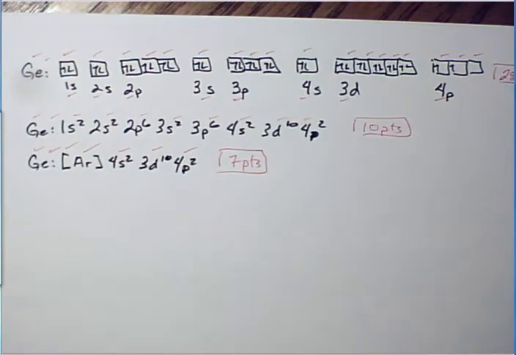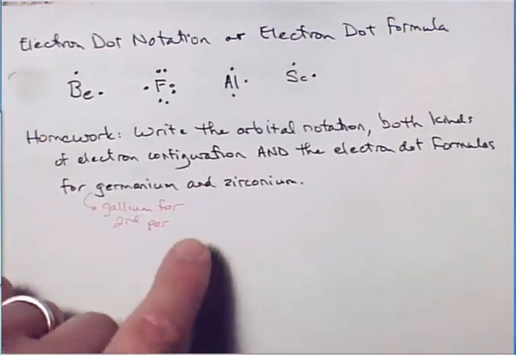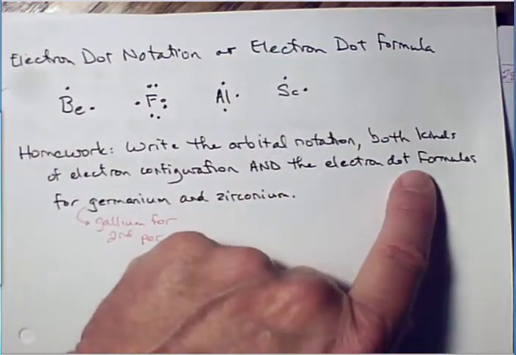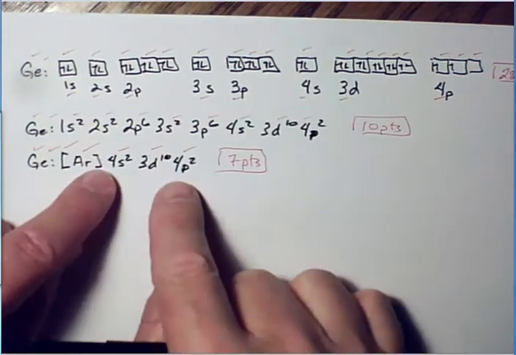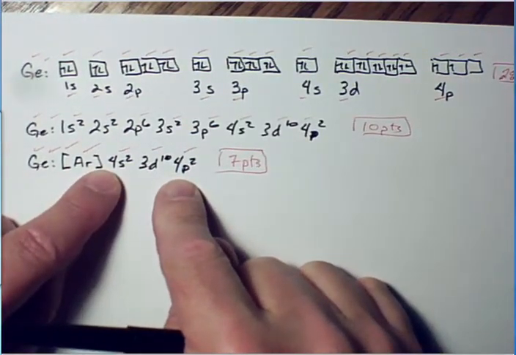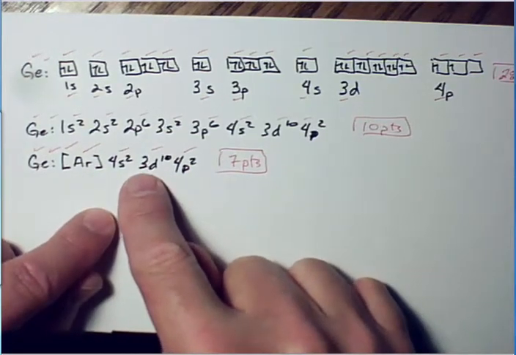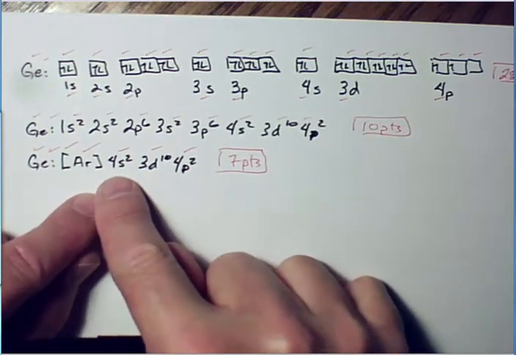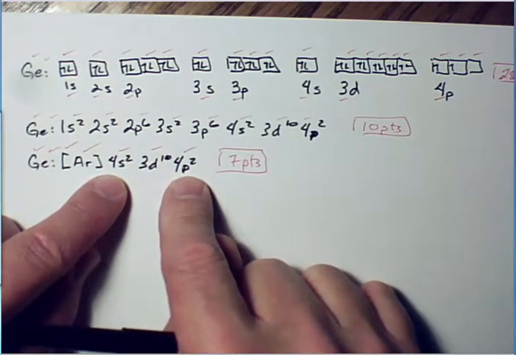Now, in addition to this stuff, this homework problem also asks you to do the electron dot formula. Okay? And so all we have to do is count up the number of electrons in the highest primary energy level. The highest level is 4. It does not include 3. So there's 2 electrons here, 2 electrons here. Together, 4s and 4p make up this valence level.